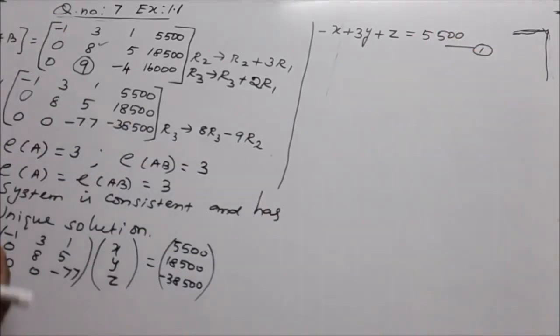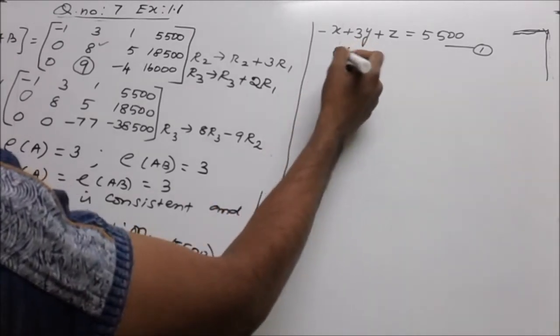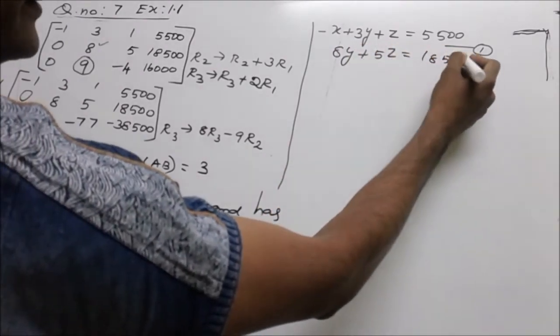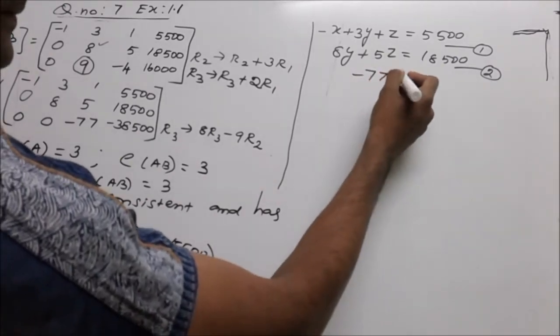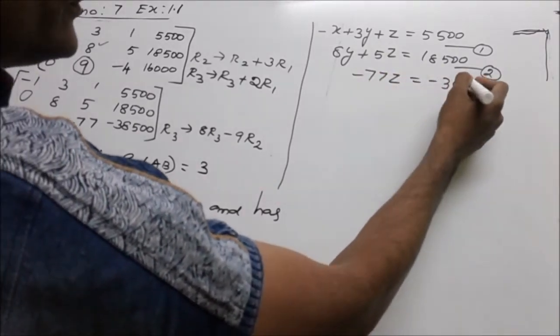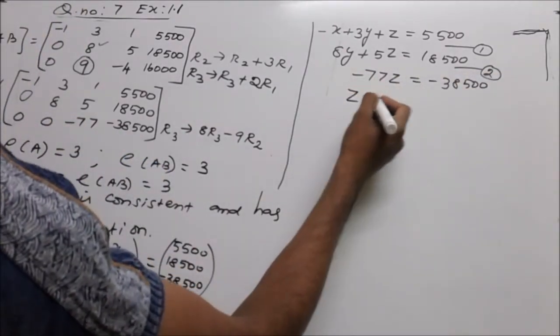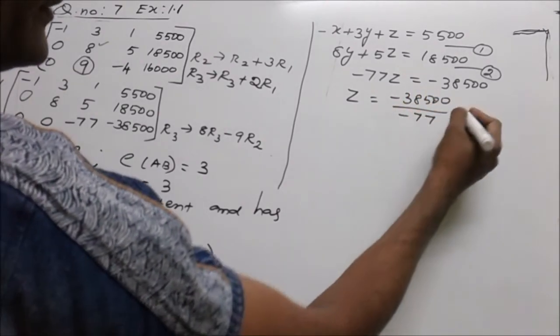The second one 0x plus 8y plus 5z equal to 18,500. The third one, 0x plus 0y both are omitted, minus 77z equal to minus 38,500.